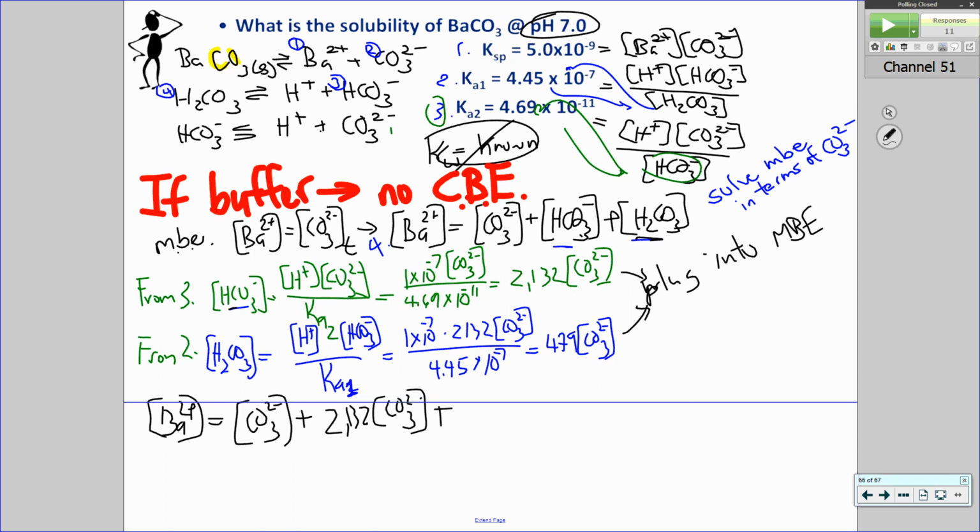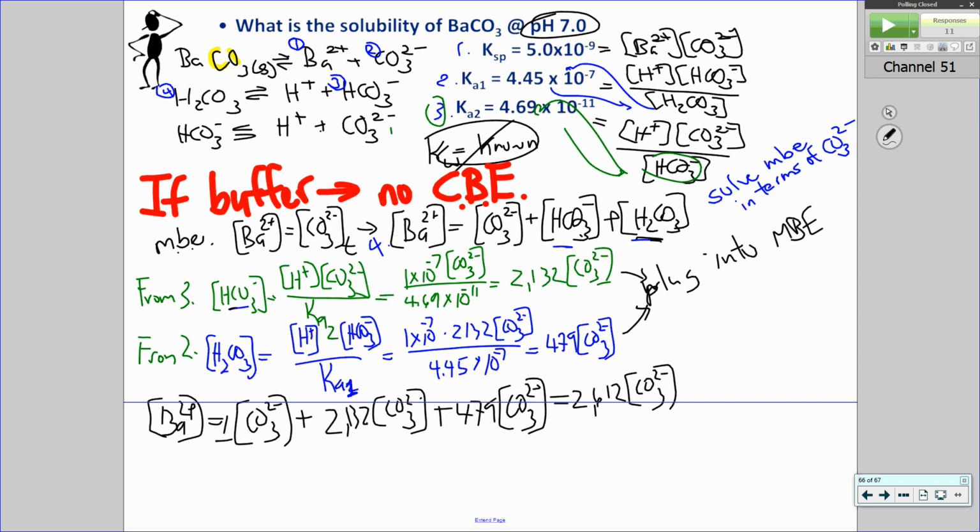And for the carbonic acid, it's equal to 479 times the carbonate. All right, so I can add all those together. So I've got 1 plus 2132 plus 479, 2612 times the carbonate is equal to the barium concentration.